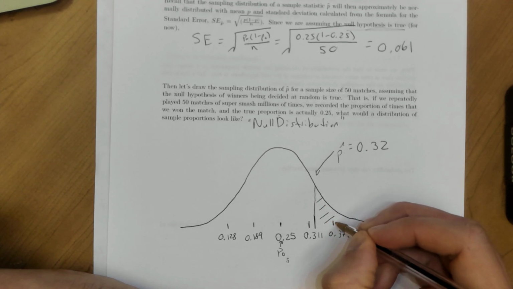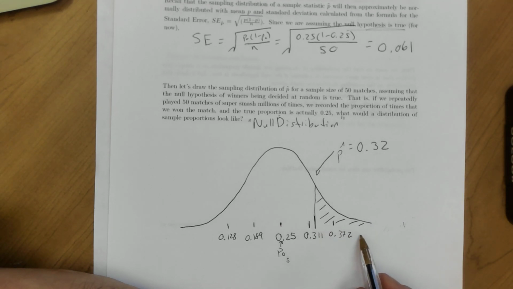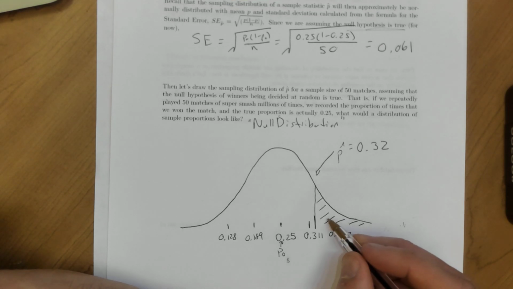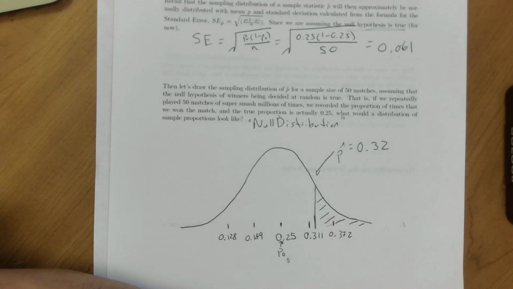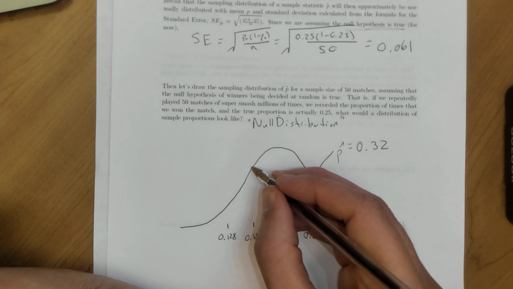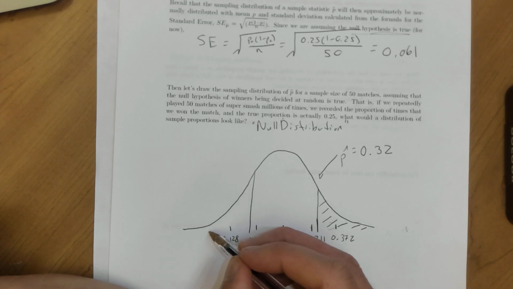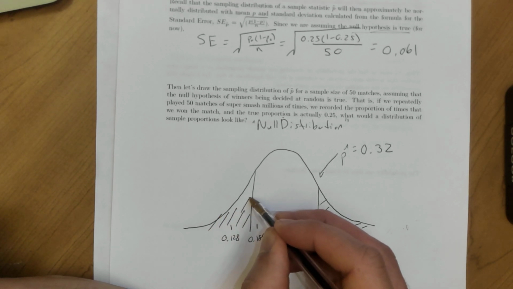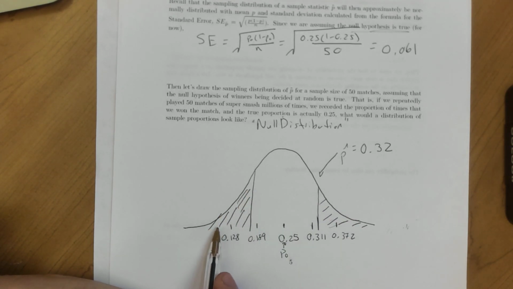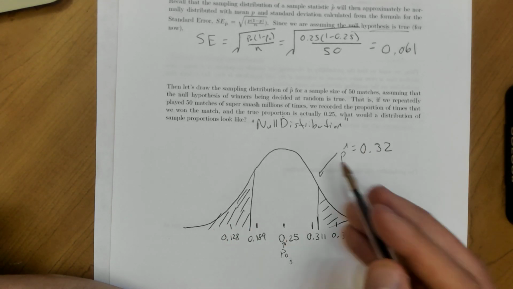Data that would be more in favor of the alternative hypothesis would be any proportions larger than 0.32. So anything over here is going to be more in favor of the alternative hypothesis that the true proportion is different than 0.25. It's also, though, going to be anything on this other side is also more consistent with the alternative hypothesis than what we actually observed.